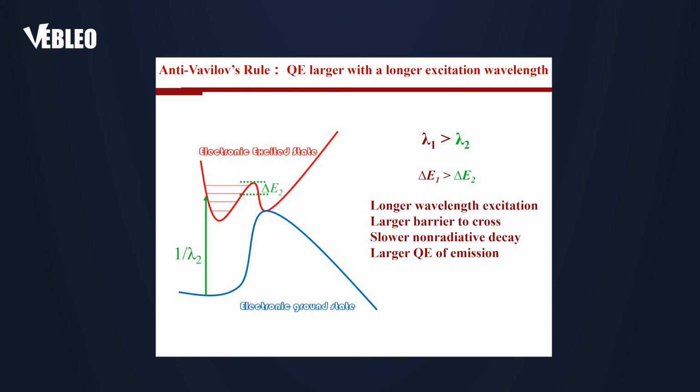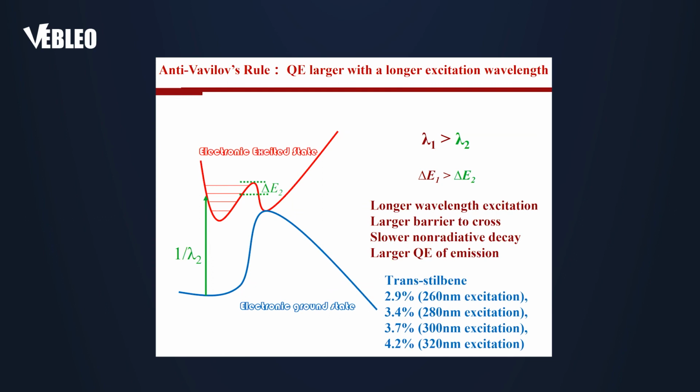So from this analysis, we immediately understand that if AIE molecules have the mechanism we just proposed, then these molecules must have different fluorescence quantum yields dependent on the excitation wavelength. If the excitation wavelength is longer, then the quantum efficiency must be larger.